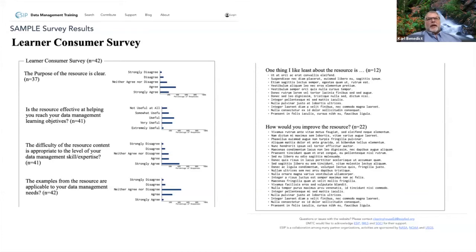Right. That's something that is part of the metadata for the learning resources, but we've also talked about the actual use context that may be different from what's in the metadata. So that's helpful.